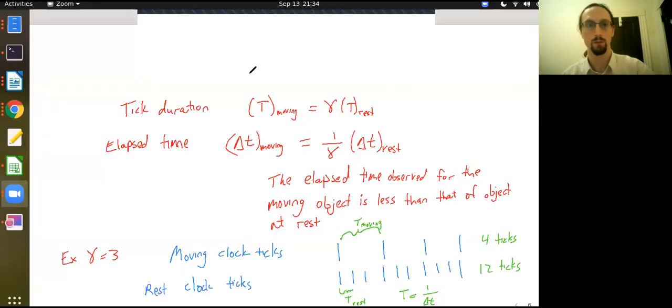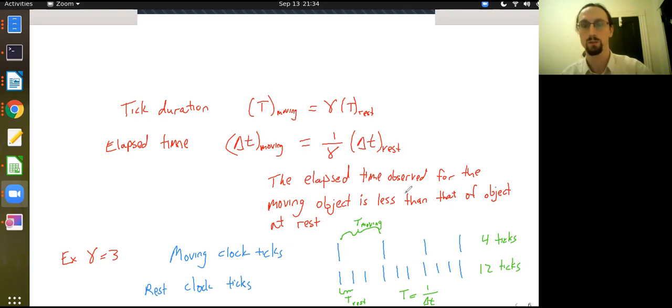Here's another way of viewing it. We've got our tick duration, capital T moving, is gamma T rest. And the elapsed time, delta t, small t, moving, is 1 over gamma delta T rest.